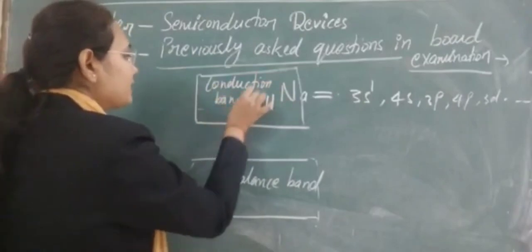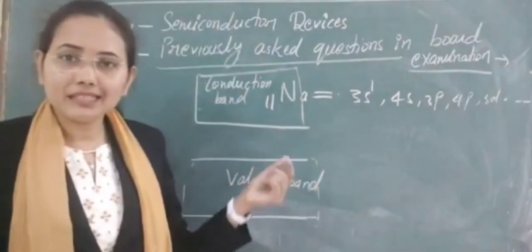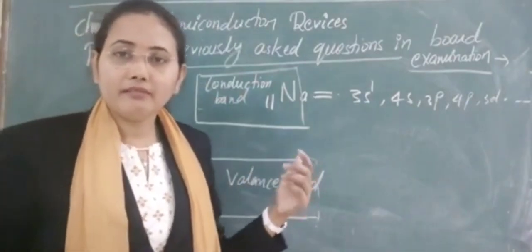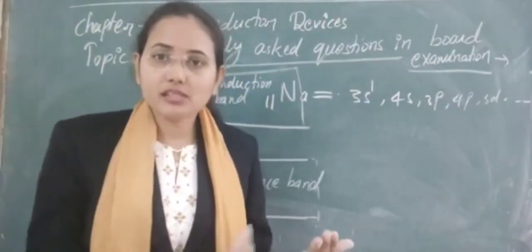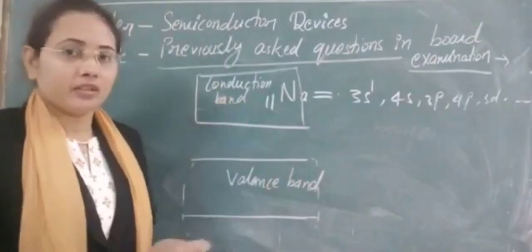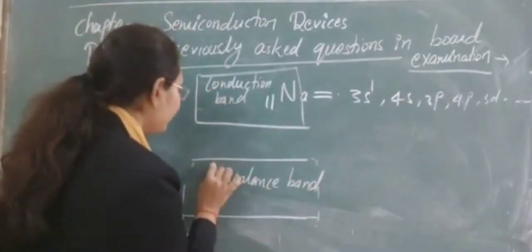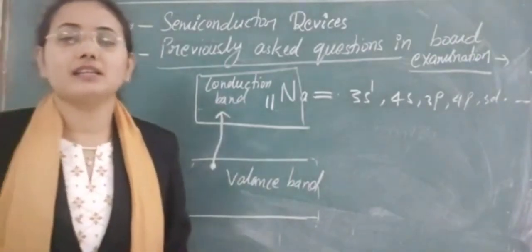Why is its name conduction band? Whenever an electron is excited from here, it is carrying energy, and when the electron carries energy, we can say that the conduction process is going on. That's why it is called the conduction band. So if an electron gets energy and goes from here to here, we can say that conduction is going on.